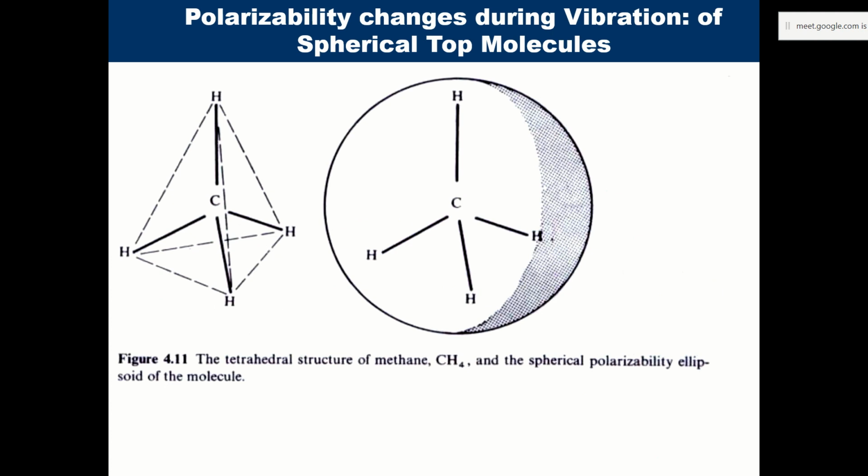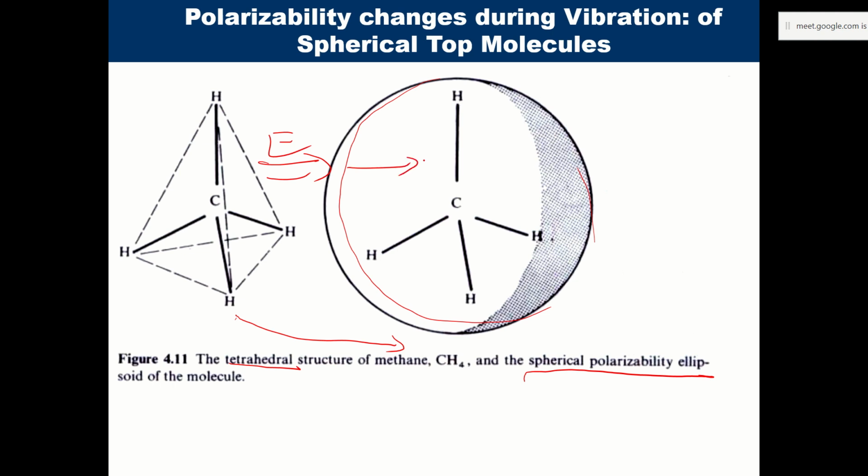For spherical top molecules, this is an example of CH4, tetrahedral methane, and the polarizability ellipsoid will appear like a perfect sphere. So it has a spherical polarizability ellipsoid. In any direction you apply the electric field, it has the same polarizability.